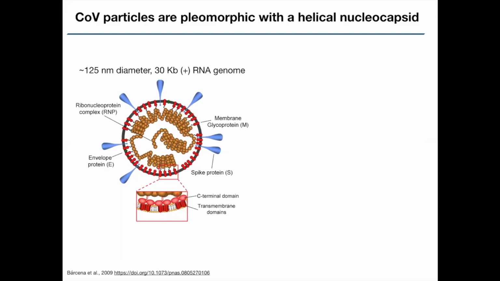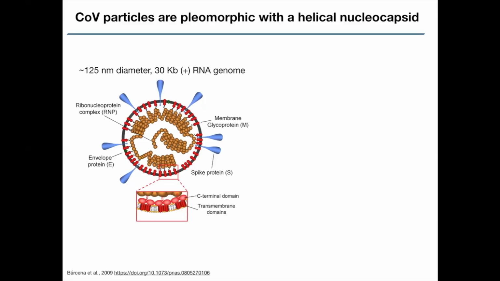So looking at the structure of the virus, I'm showing you here on the left, the nucleocapsid, which is shown in the center in brown, basically refers to the genome, which is a 30 kilobase, huge for an RNA virus, 30 kilobase genome of RNA that is of positive sense or plus sense. So this is RNA. When we say plus sense, that means it can be directly read by ribosomes in the cell.